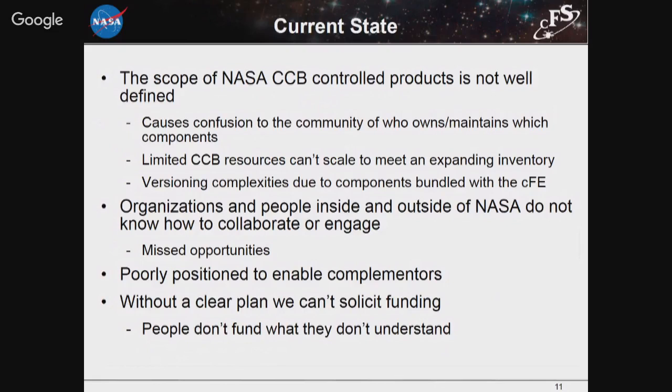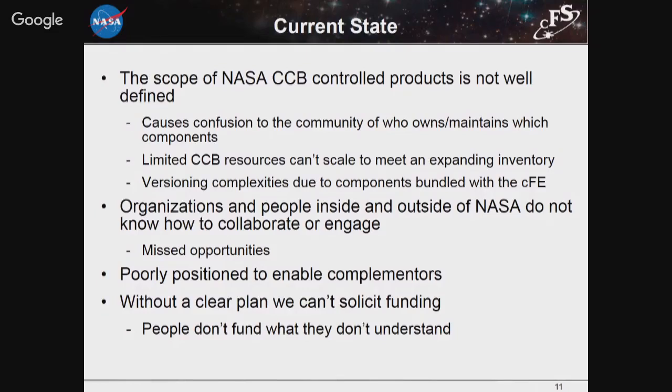It also creates versioning complexities. I'll give an example: we have this great performance monitor tool, and we have two of them actually in there. But if they release a new version, do they wait for the next CFE revision? They're all tied together CM-wise. I'm not sure if there's a new version, and who actually maintains it. So where do you write a trouble ticket for that?